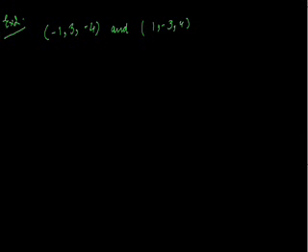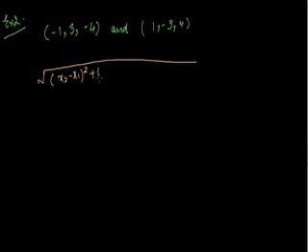Now let's go for some other examples using the distance formula, between 2 points, that is (-1, 3, -4) and (1, -3, 4). Applying the formula, that is the square root of (x2 minus x1) whole square plus (y2 minus y1) whole square plus (z2 minus z1) whole square.